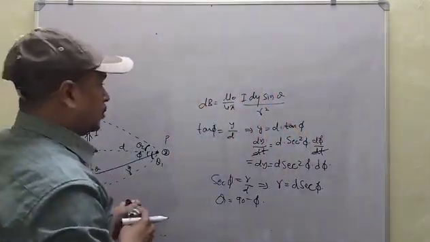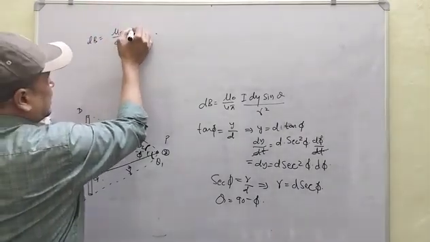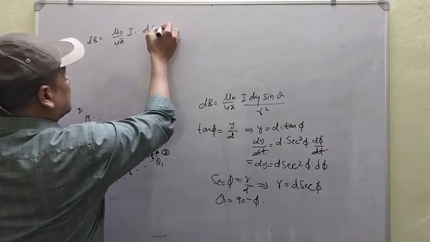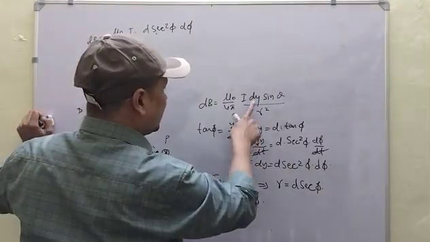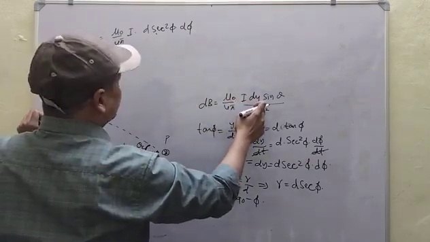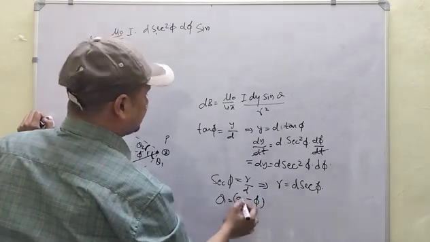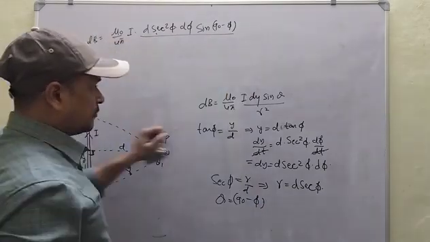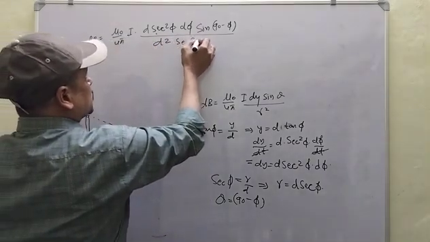The magnetic field dB equals mu naught by 4 pi I, and dy is d sec square phi d phi, and here sine theta, where theta is 90 minus phi, so sin of 90 minus phi, divided by r square, where r is d sec phi, so it becomes d square sec square phi.